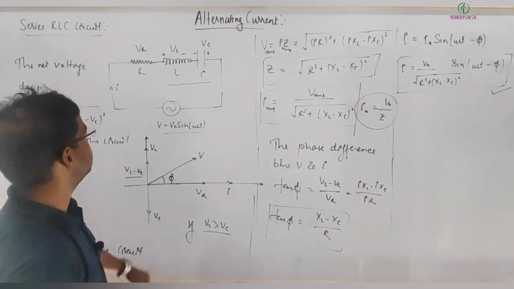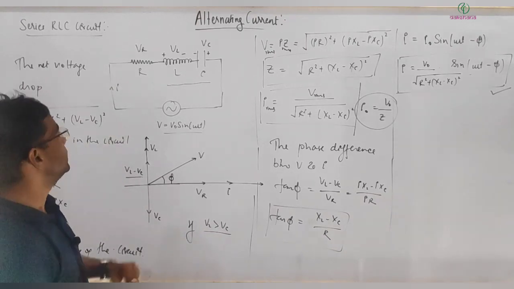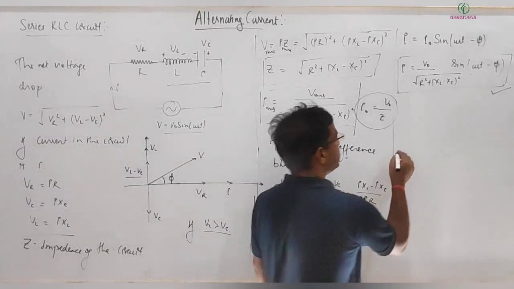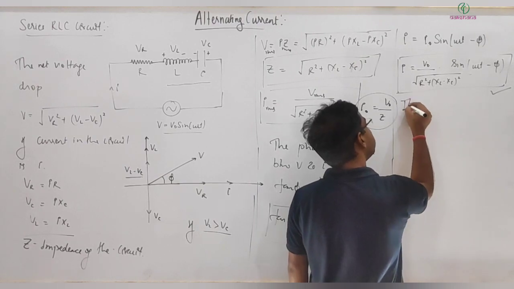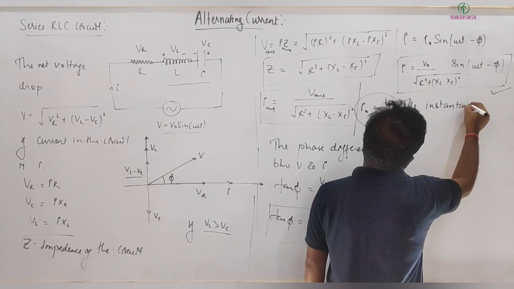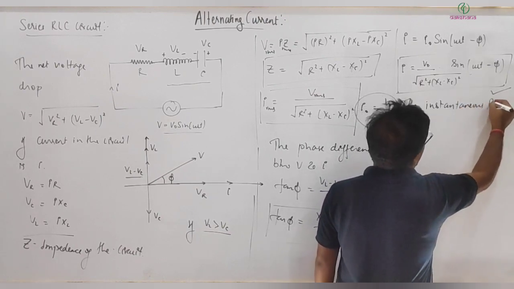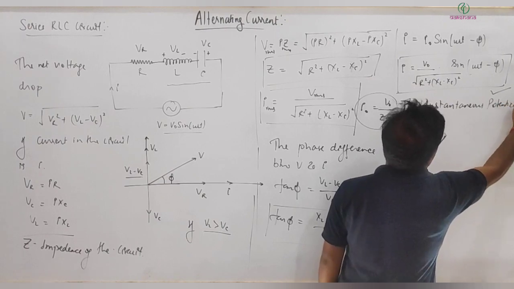Then you will not have any problem. So if that is the current in the circuit, the same current will be flowing through each element. Then we can calculate the instantaneous potential drop.